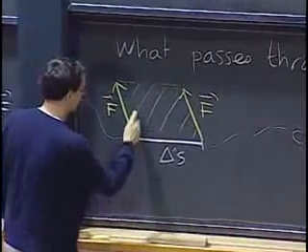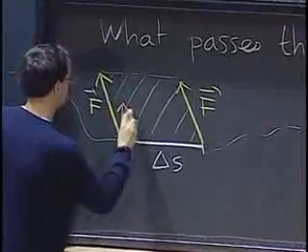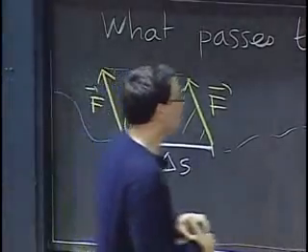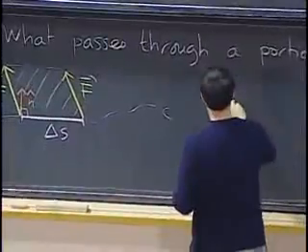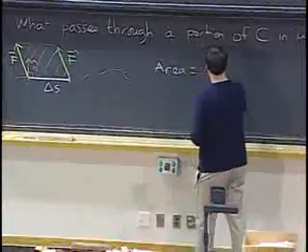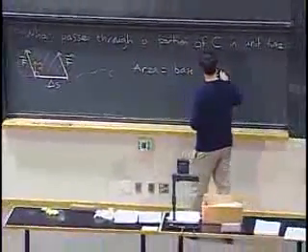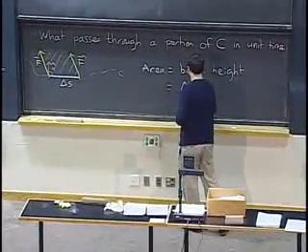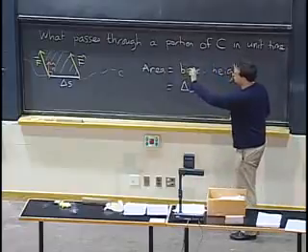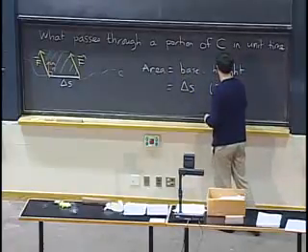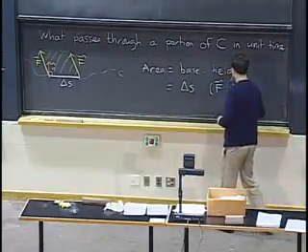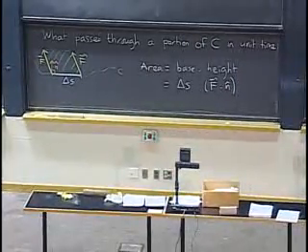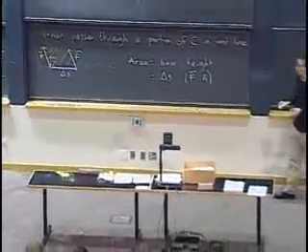If I call n the unit normal vector to the curve, then the area, base times height, is just delta S times the normal component of F, so it's F dot n. And so when you sum these things together, you get what I said. You get flux.